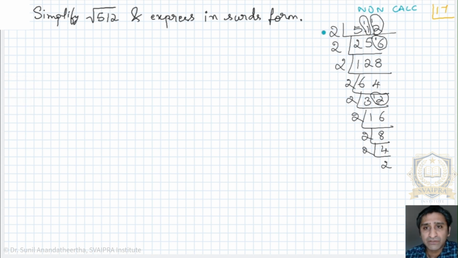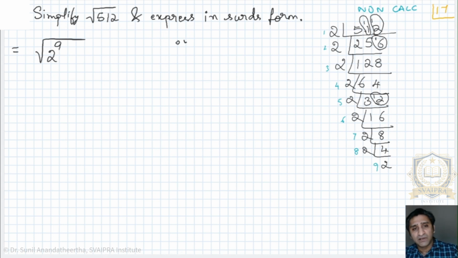So what do we have here? We have 1, 2, 3, 4, 5, 6, 7, 8 and 9. Okay, so what we have here is quite simple: that is the square root of 2 to the power of 9.